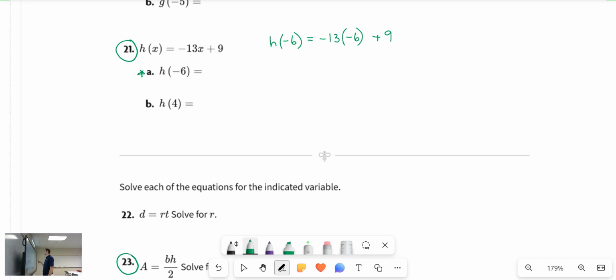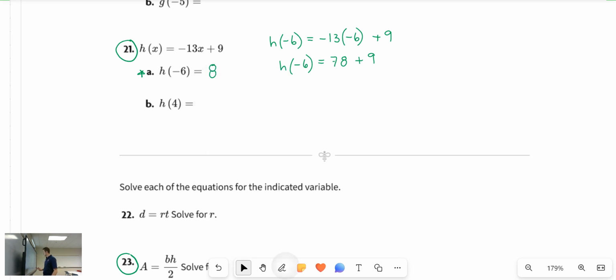Well, it's 10 times 6, which is 60, plus 3 times 6, which is 18. So it should be 78. So h of -6 equals 78 plus 9. What's 78 plus 9? That's going to be 87.